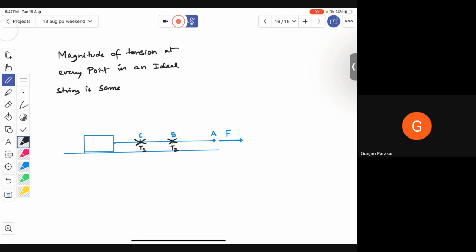Now, if I ask you to draw the free body diagram of this CD part and the block separately, and BC part separately, and AB part separately. So this is our BC, and this is our AB, and this is CD and the block.